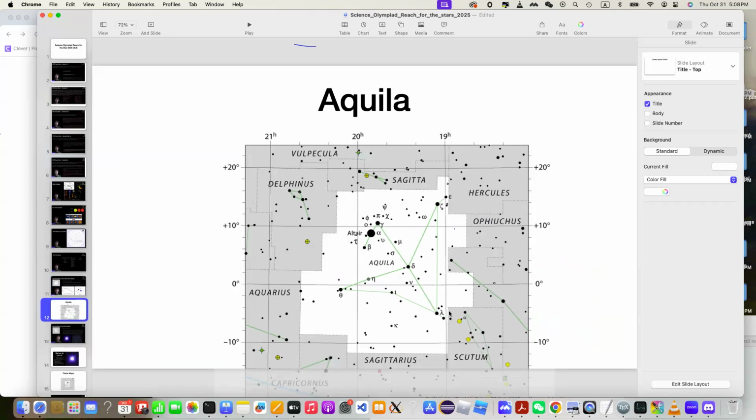One image that might be relevant is an image of Aquila, the eagle, where you identify this object at the upper part of the left wing. That is one possibility for a question about this object.